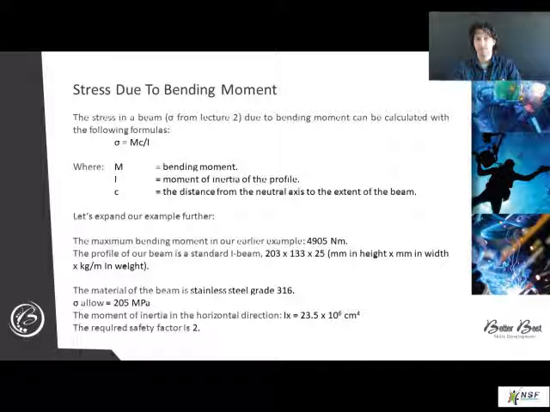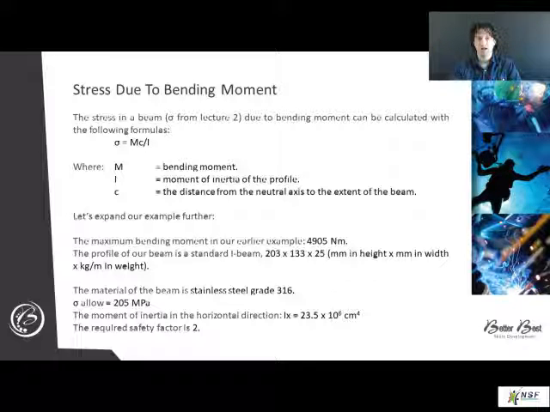The stress in a beam due to the bending moment can be calculated with the following formula, where the stress is equal to the bending moment multiplied by the distance from the neutral axis and divided by the moment of inertia. The maximum bending moment in our early example is 4,905 Newton meters.